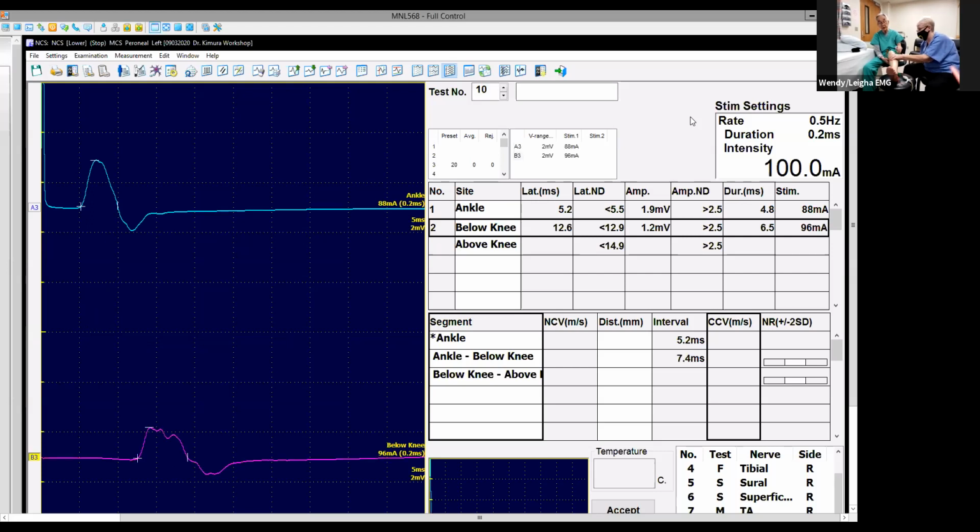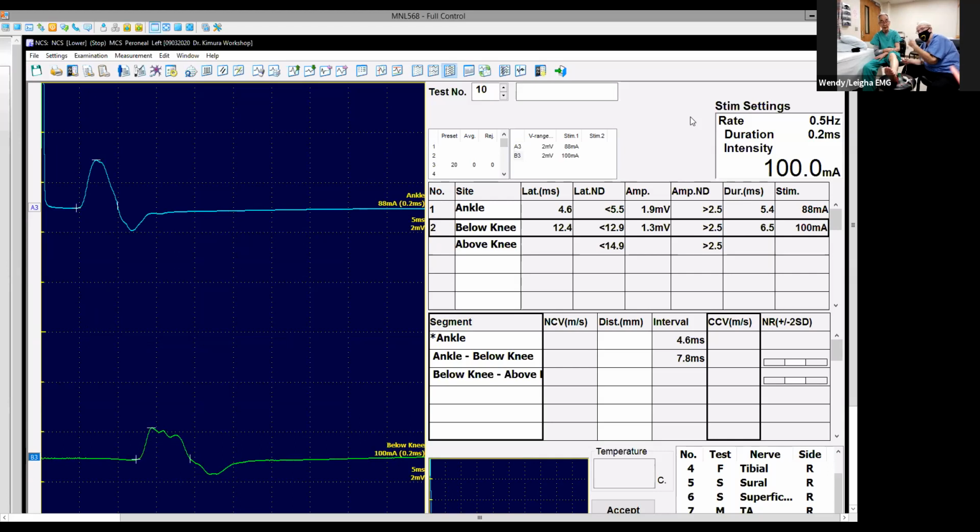And you notice, I want you to again see the movement of the foot. This is particularly important when you're stimulating the fibular nerve. If you don't get the response, the tendency is to increase the shock intensity, and pretty soon you start stimulating the tibial nerve. Then the foot moves very differently.